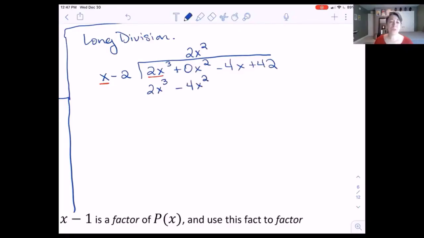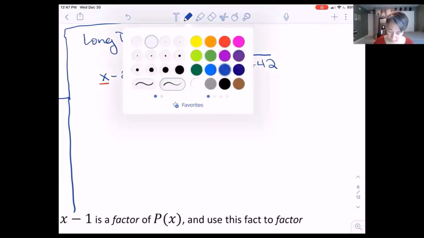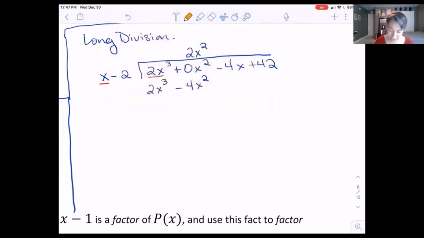But now we have to subtract. I have a little thing that I say: change the sign, draw the line, then combine. That way we don't forget. If we've done it right, our first two terms add up to 0, which they do. So those are gone. Our next two terms give us a 4x squared. Then we keep going.